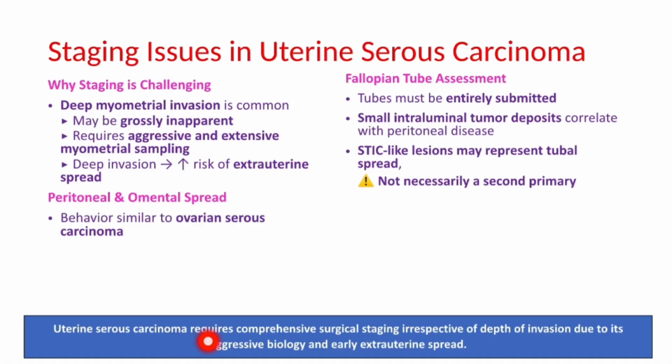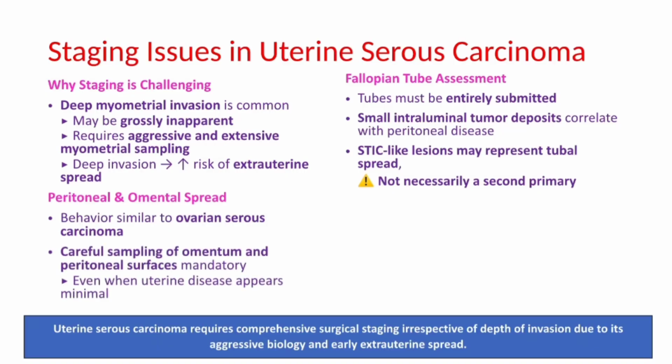So uterine serous carcinoma requires comprehensive surgical staging irrespective of depth of invasion due to its aggressive biology and early extrauterine spread. So by nature it is a high grade serous carcinoma.